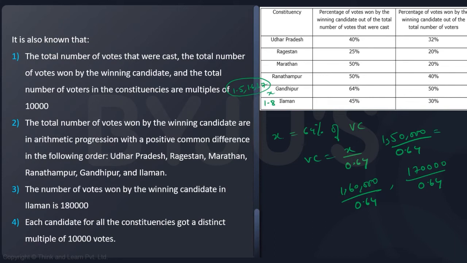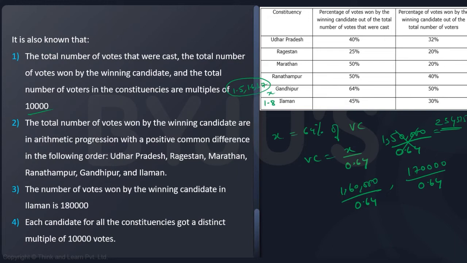Let's see what these three values are. 1,50,000 divided by 0.64 will give you 234,375. Clearly this is not possible. Why? Because all these votes cast are also a multiple of 10,000, and this is not a multiple of 10,000, so 1.5 is not possible.